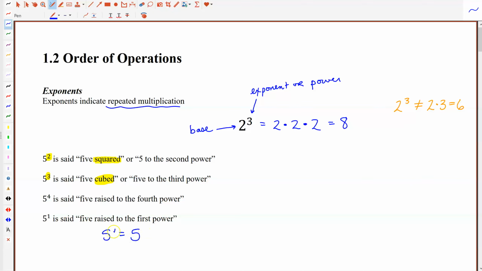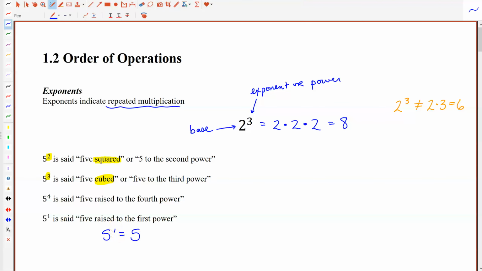The exponent is just telling me I have one 5 in my multiplication problem, so I really don't even have a multiplication problem. The 5 is just sitting there. So all numbers have an attached exponent. If it's a 1, though, we tend to not write it. Later on, depending on what sorts of mathematics you're doing, sometimes it's helpful to actually put those little 1s in there, because it helps us with computations.